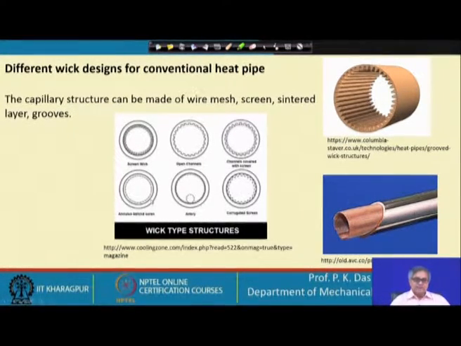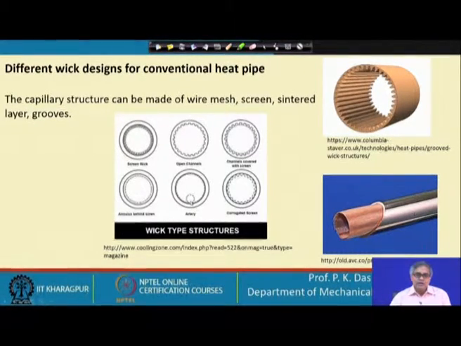Then there is something called an artery. These are for high performance heat pipes. Here there is a special structure, mainly used in space systems. In space crafts and space systems there are a lot of applications of heat pipes.